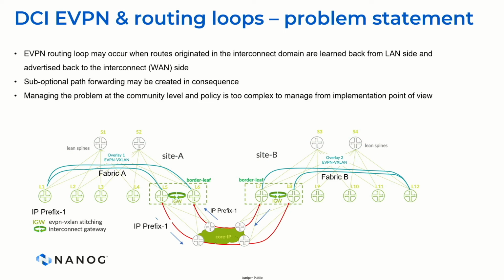So just as a problem statement, we have this topology, very similar to what we've seen so far. Whenever there are prefix advertisements from one site to the remote site, because everything is based on eBGP, the remote location will rewrite the AS path, right?